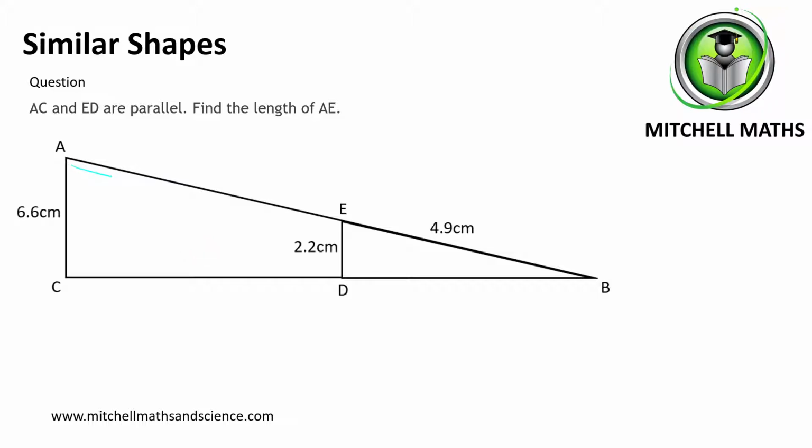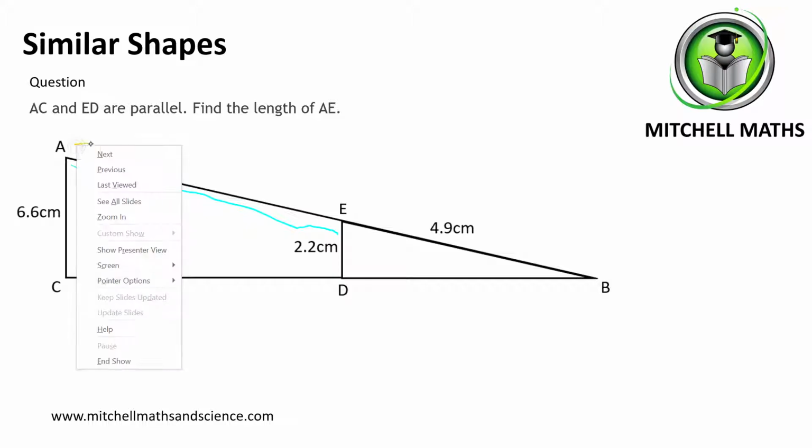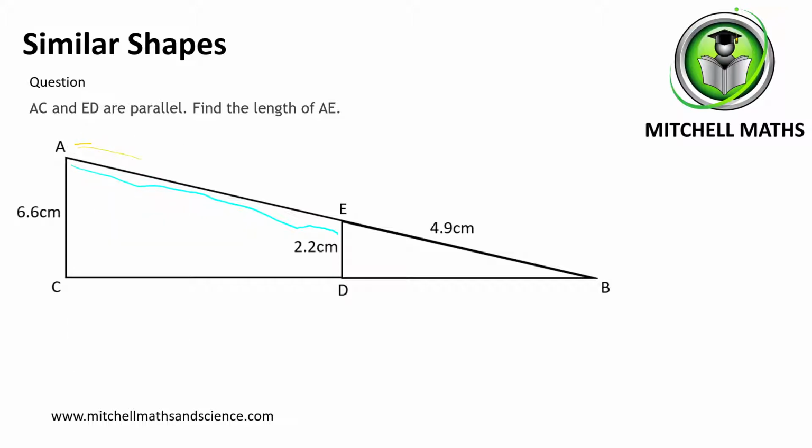So let's look at this side here, A to E. A to E is not proportional to any of the other sides. But what we can work out is A to B, which starts here and goes right down to the bottom here.